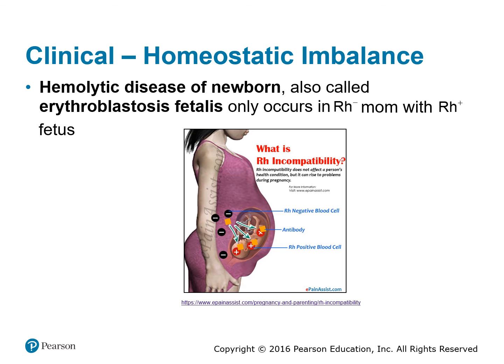The first baby is born healthy, but the mother begins to synthesize the anti-Rh antibodies. If the mother has a second pregnancy, the mom's anti-Rh antibodies cross the placenta and begin to destroy the red blood cells of the Rh positive baby. The baby therefore has to be treated with pre-birth transfusions and exchange transfusions after birth.